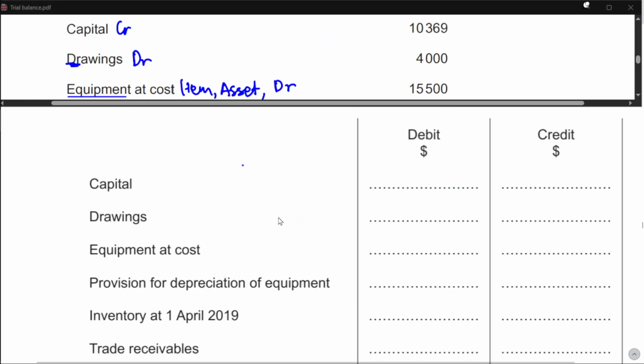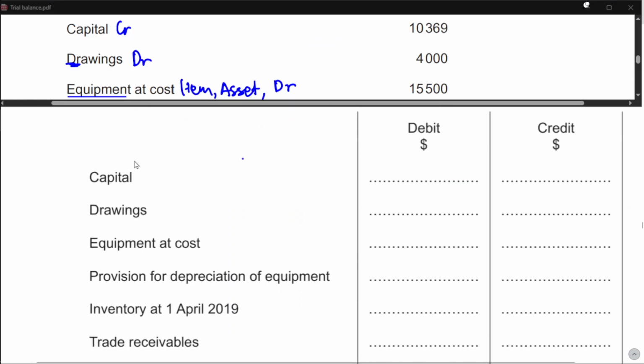So let's see here, the first one you want us to credit. And this one you want us to debit. And debit.